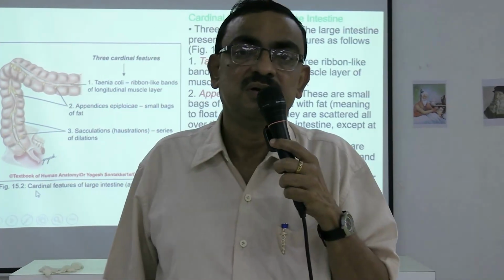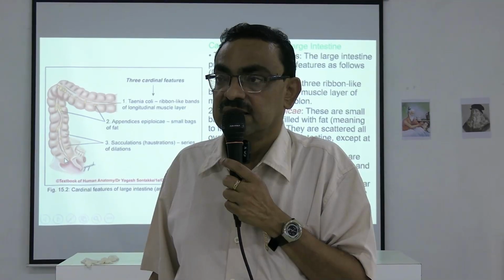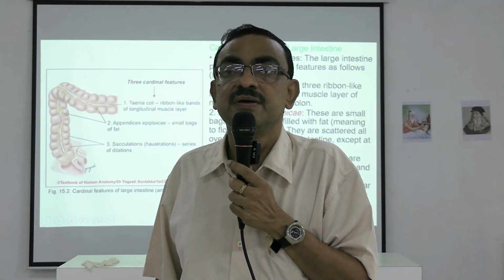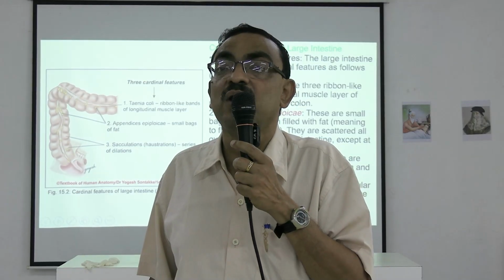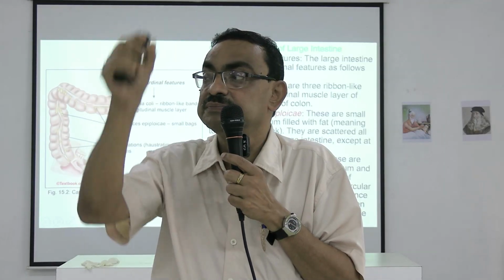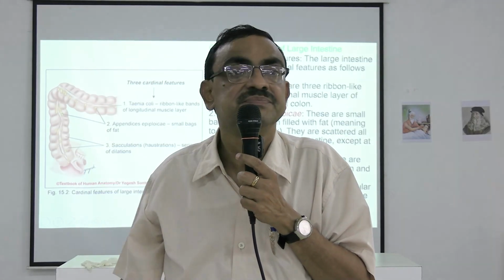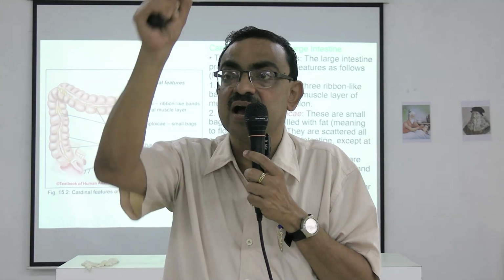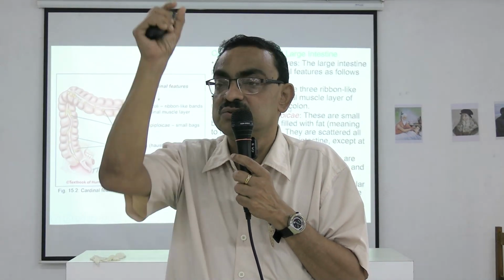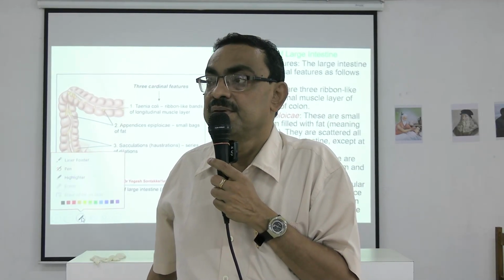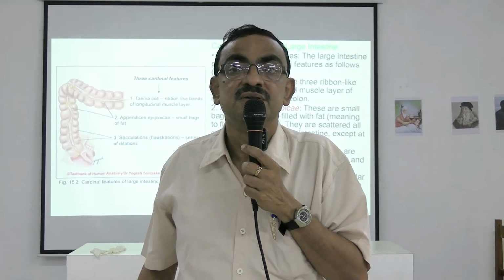Now there are three cardinal features in the large gut. The first one is the presence of taenia coli. There is an aggregation of the longitudinal muscles, which causes a strap-like appearance over the gut, which is called the taenia. The next is sacculation.